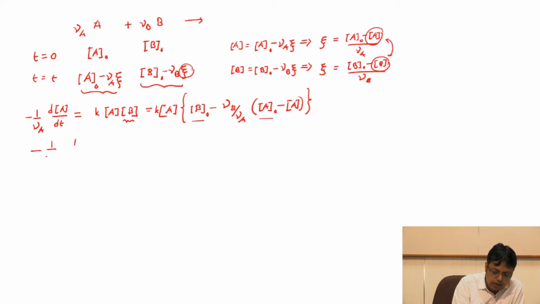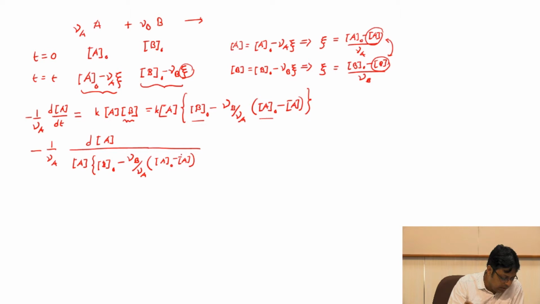So I'll have 1 over nu a, and then we can just write dA divided by this entire thing, which is a times b0 minus nu b by nu a times a0 minus a, and then we have kt here, and then we'll integrate.